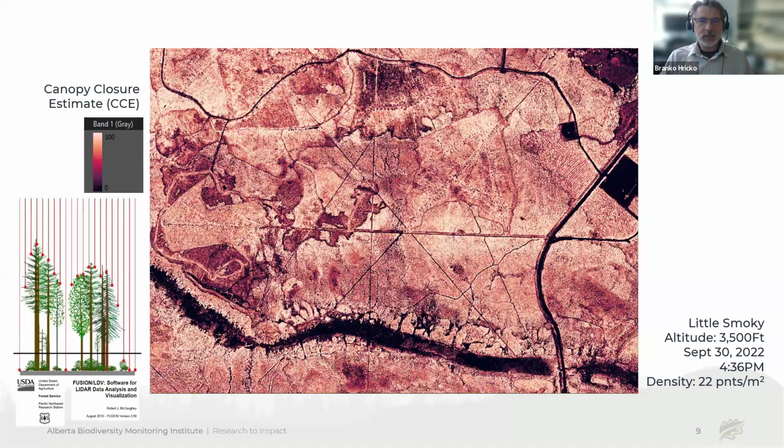We adopted quite extensively canopy closure estimate values. And for everyone who's more interested in the description of these values, I would recommend the document created by the USDA Forest Service for the Fusion software, where this document describes how this value is calculated.